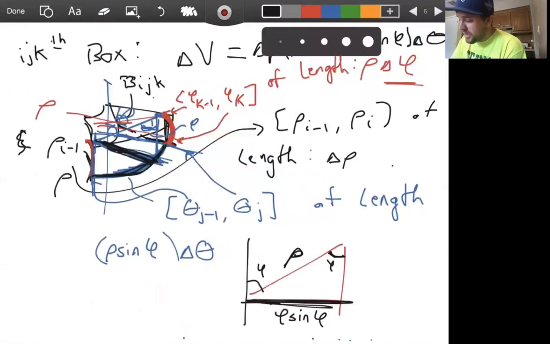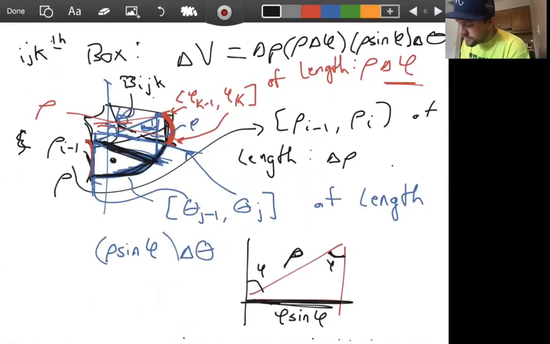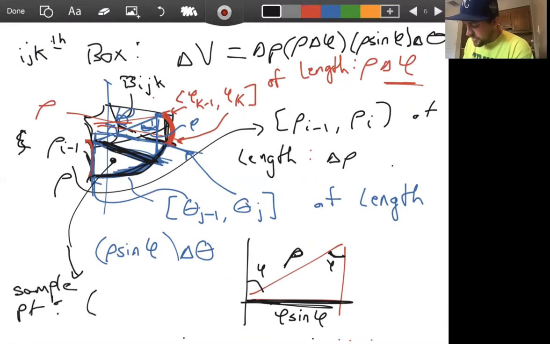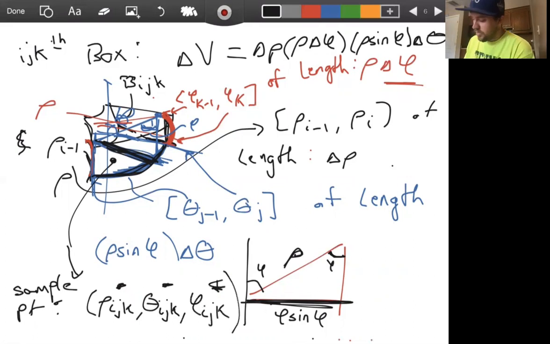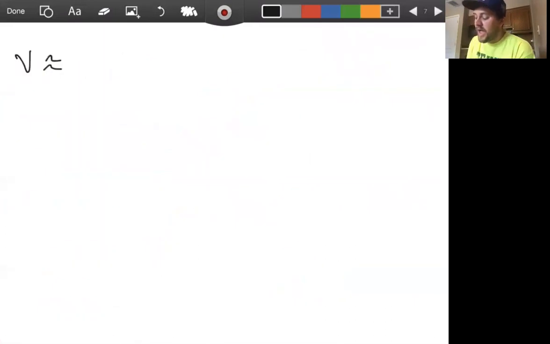And so in each of these, we need a sample point. So I'll say sample point or test point, rho ijk star, theta ijk star, and phi ijk star. This is our sample point. And so the height is going to be f of the sample point, right?